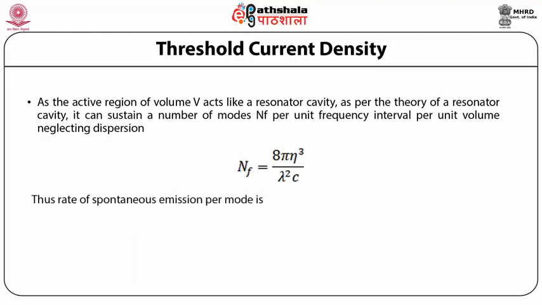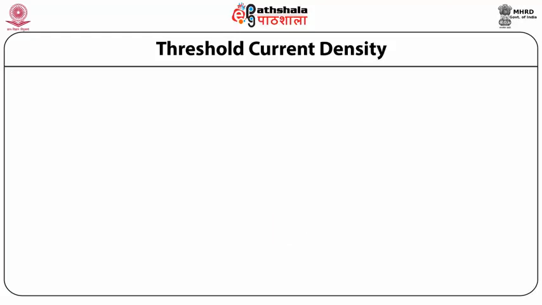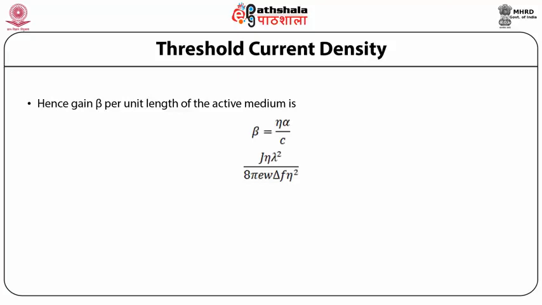Thus the rate of spontaneous emission per mode is alpha equal to J eta upon E W delta f into lambda square c upon 8 pi eta cube, where we have replaced the value of Nf. Hence, the gain beta per unit length of the active medium is beta equal to eta alpha upon c, equal to J eta lambda square upon 8 pi E W delta f n square.